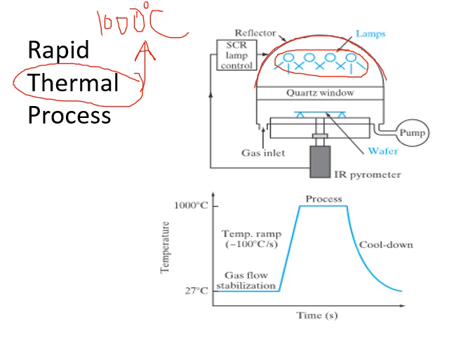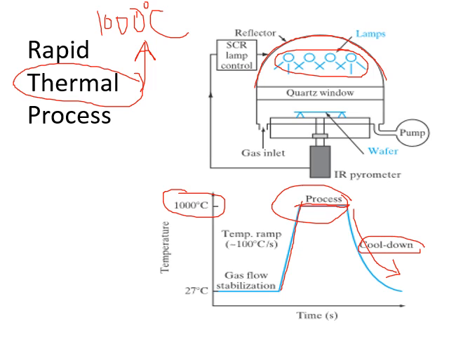In the graph, it is telling that as soon as the desired value is reached, like 1000 degrees centigrade, that temperature should be maintained for the process. After the process is complete, the temperature can be allowed to come down, which is called cooling down.